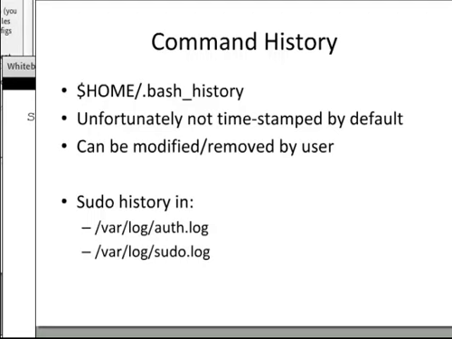The downside is that there are no timestamps in the command history, so you can't say for certain when certain commands were executed. Although I found it possible to relate certain commands in the command history to artifacts in the file system. So for example, you see a command in the command history where the user unpacks a zip file or a tar file or something like that. That leaves behind artifacts in the file system. And you can look at those artifacts and say, this command probably happened at this time.